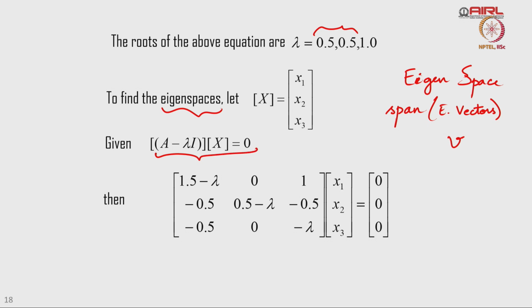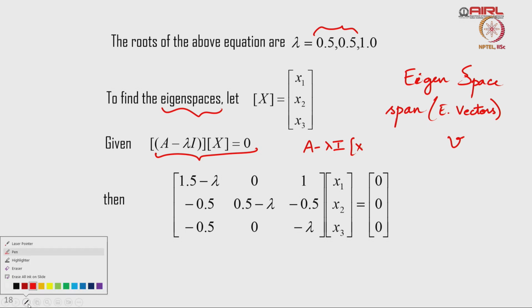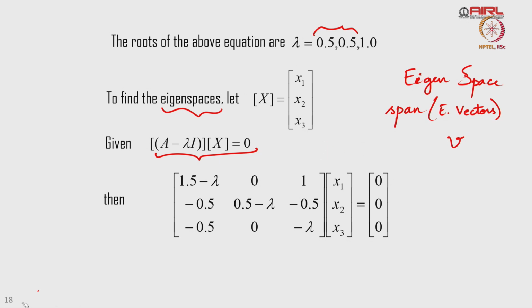See, this is how the equation looks like. A minus lambda I, this is what the system looks like now. A minus lambda I times x equals 0, where x is a column vector.